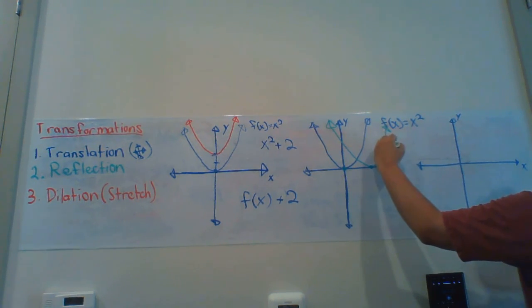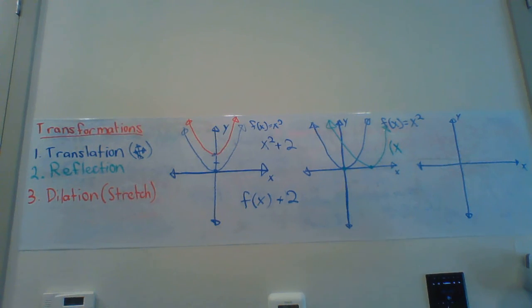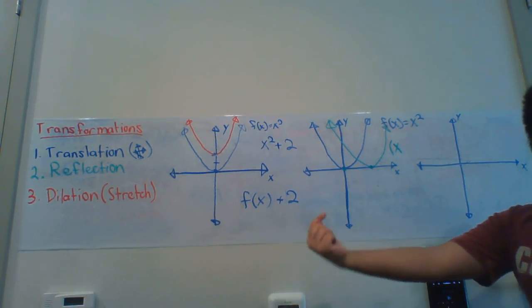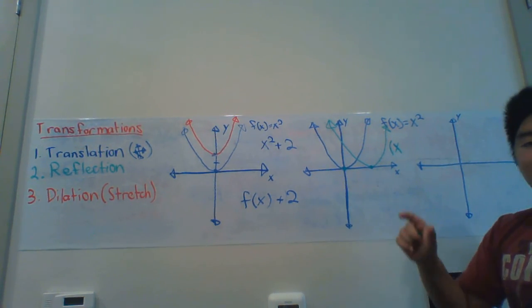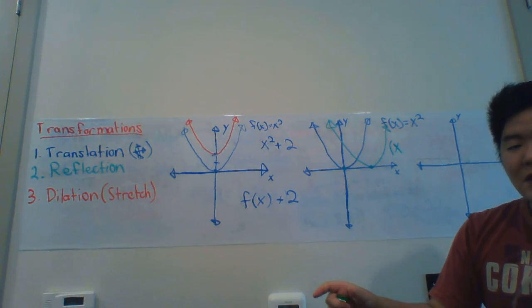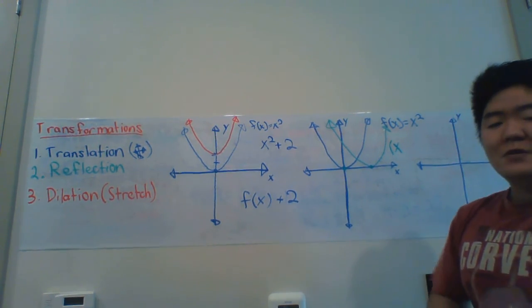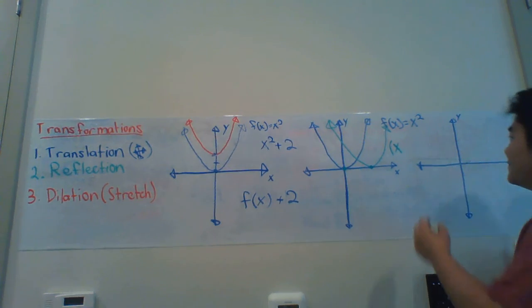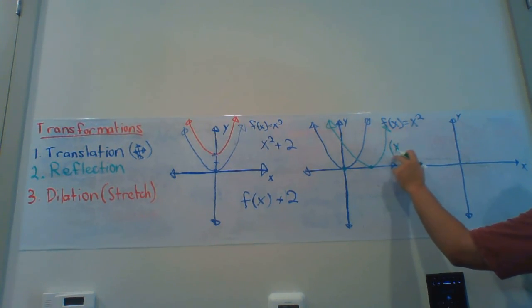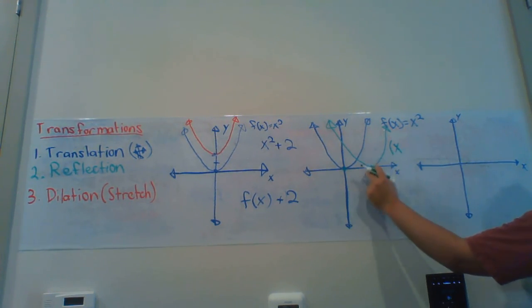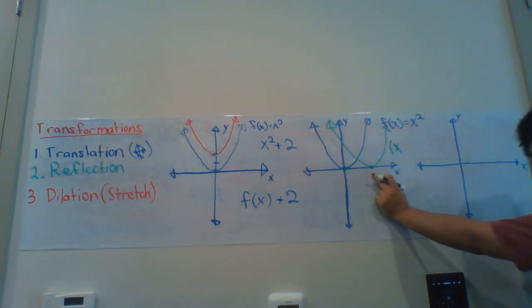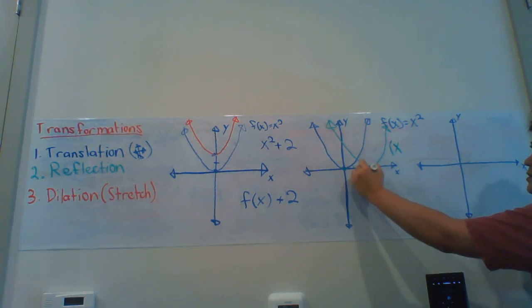We know from yesterday, if you wanted to write this function, if you're moving left and right, you have to put it inside the parentheses, and you have to do the opposite of what you think will happen. So I have parentheses, x, and then now I think it's going to be plus, let's say, 3.